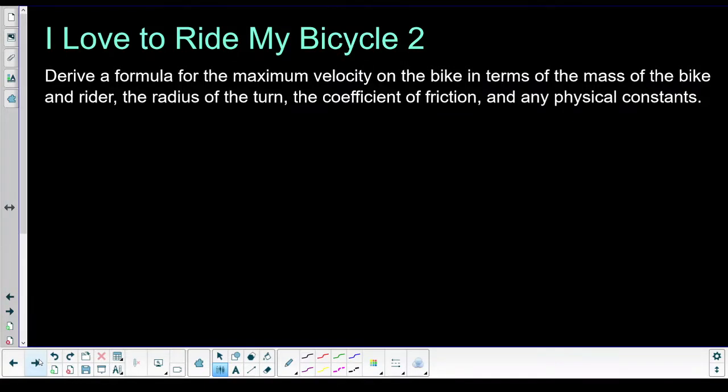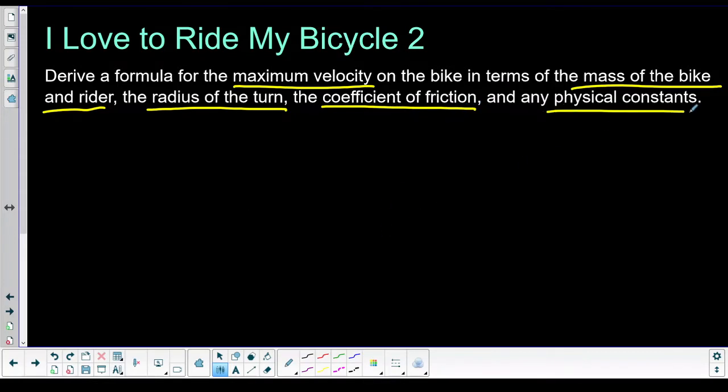All right, question 2. I've told you that we're going to look at the same problem through the whole set of notes so that we can keep a coherent idea going. So we're going to derive a formula for the maximum velocity on the bike in terms of the mass of the bike and the rider, so that's me and the bike together, the radius of the turn, the coefficient of friction, and any other physical constant.